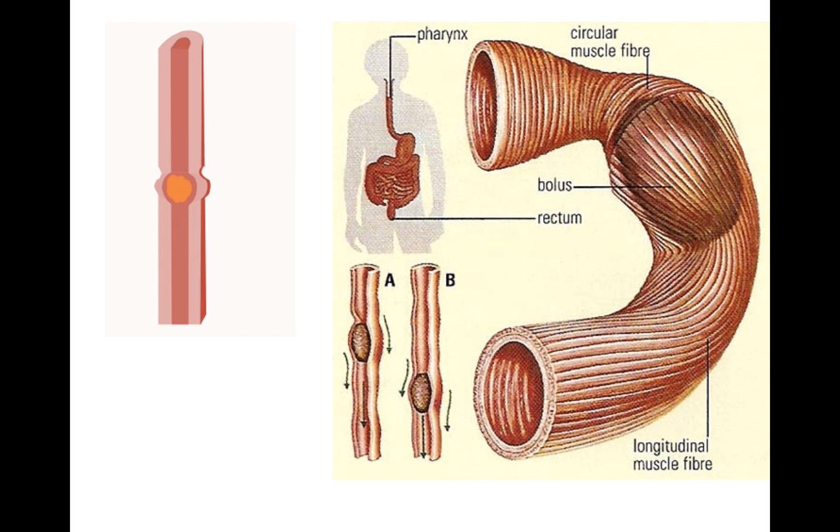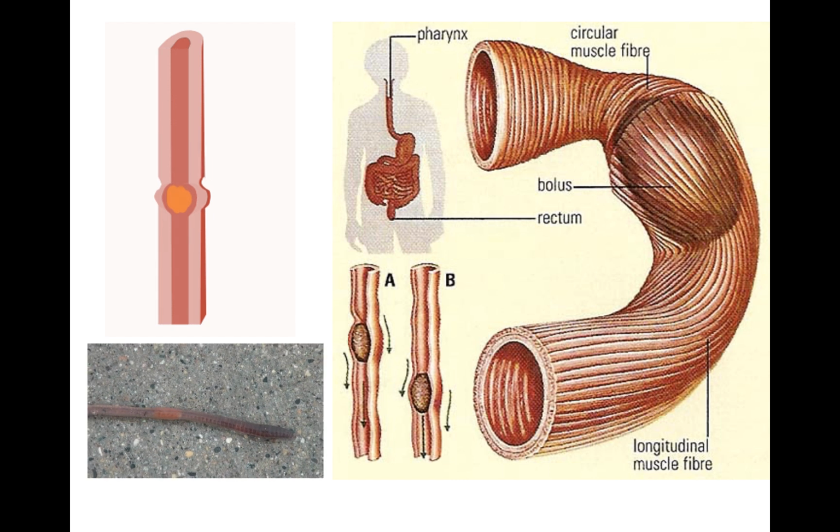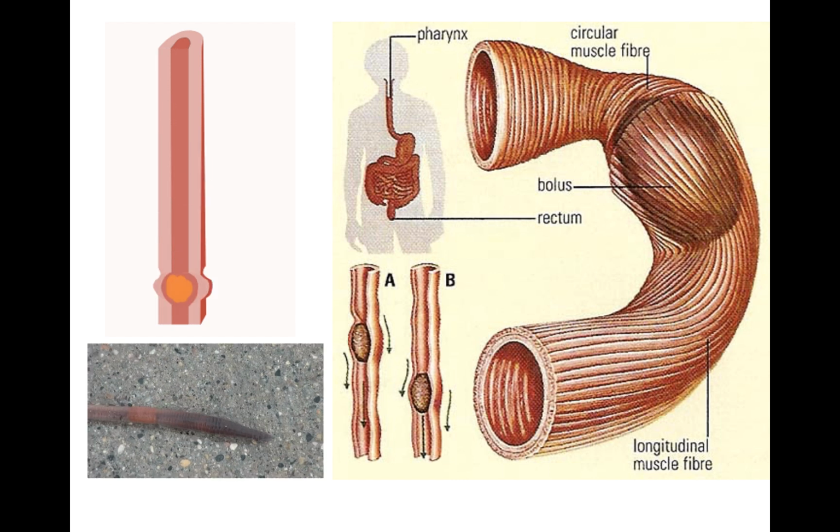Another thing that can happen here is mechanical processing, which means the food can be broken down into smaller and smaller bits. You have two layers of muscles: a longitudinal muscle and a circular muscle. One is going to be moving it along and the other is going to be breaking it down, because you can't really digest one big piece of food.